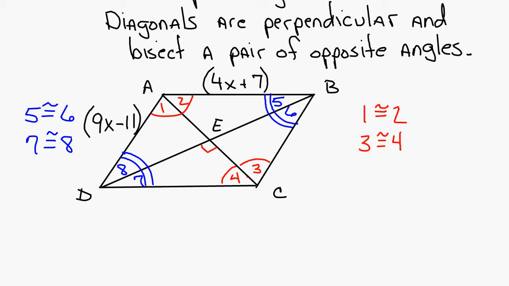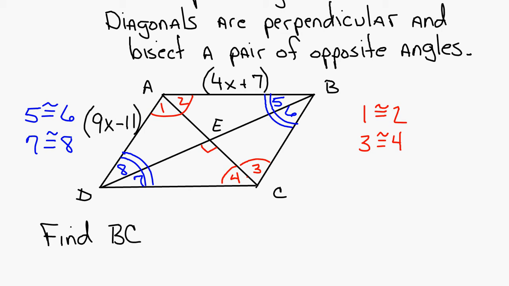And you could be asked to find the distance from B to C. So in this case, if you have to find B to C, opposite sides are congruent, and in a rhombus, all the sides are congruent. So if you can solve for x, you can substitute, and then you could find the length of each side.